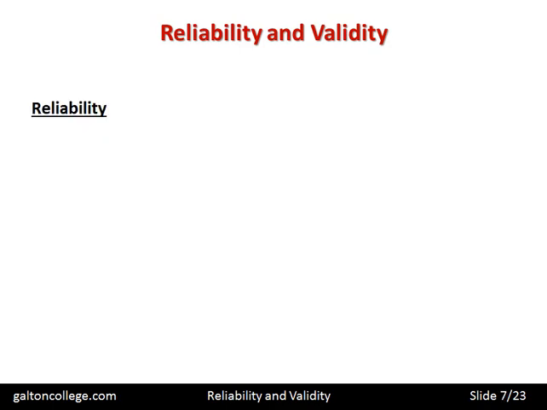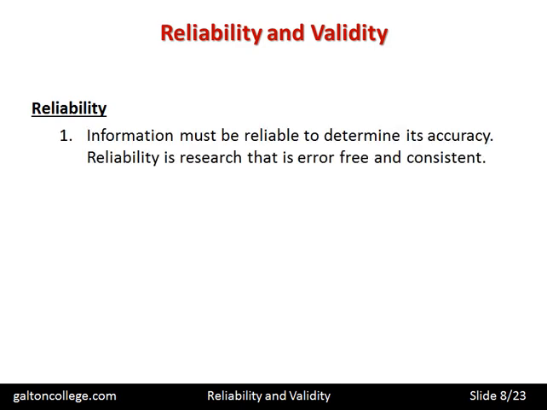So let's start by looking at what we mean by reliability. Information must be reliable to determine its accuracy. Reliability is research that is error-free and consistent.